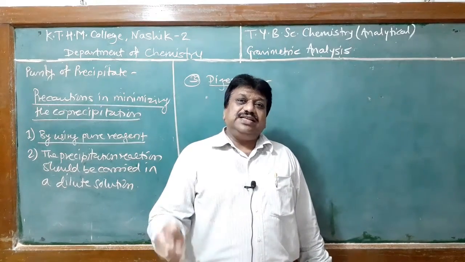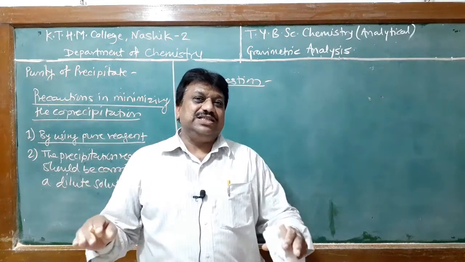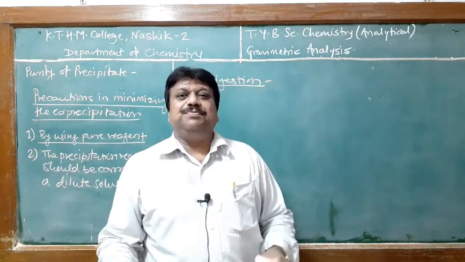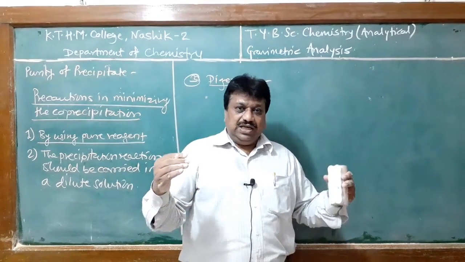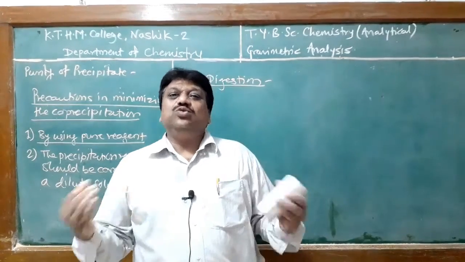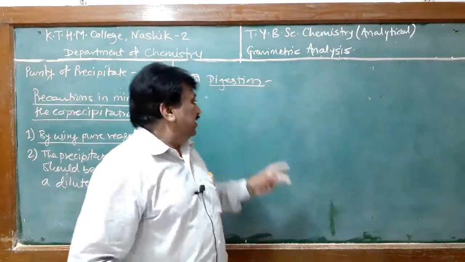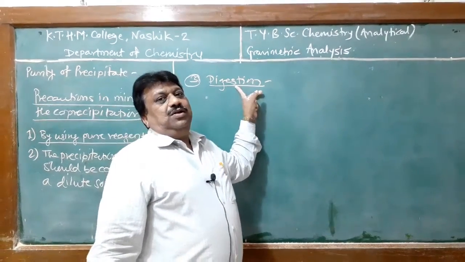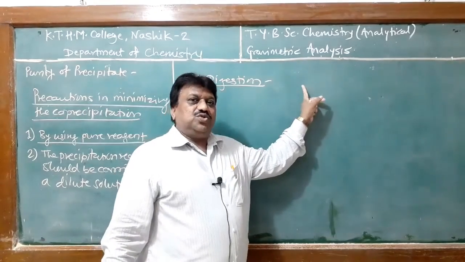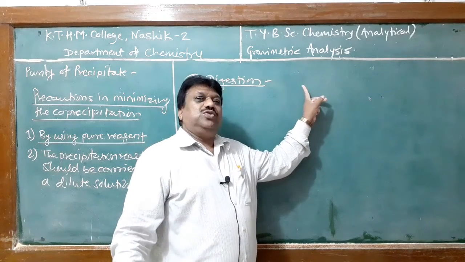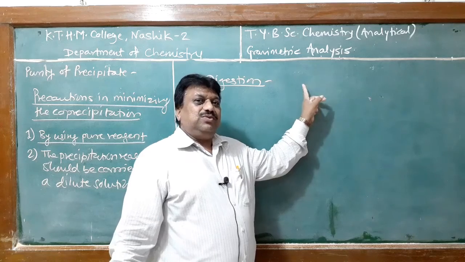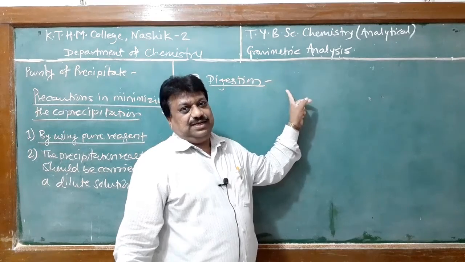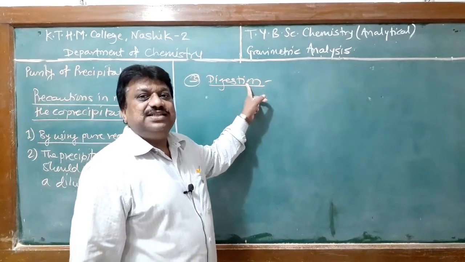When we increase the temperature, smaller size particles of the precipitate get dissolved into the mother liquor, and those grow into larger crystals. Therefore in the digestion step we heat the precipitate to a higher temperature, and after that we provide sufficient time to develop the crystal from that mother liquor, and this process is called digestion.